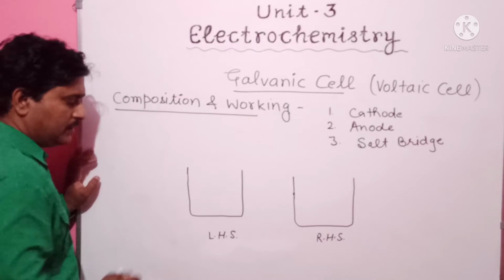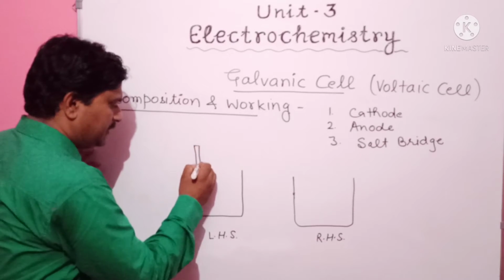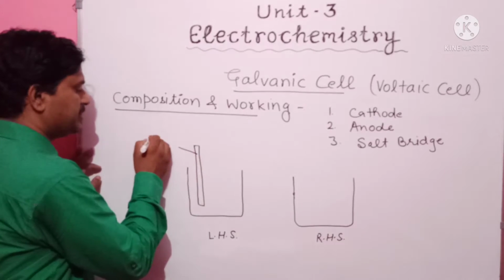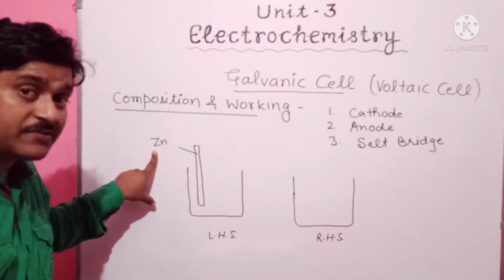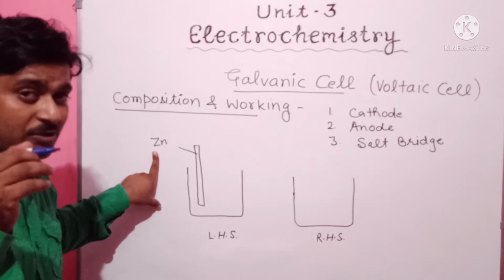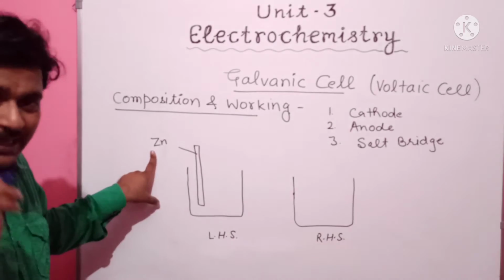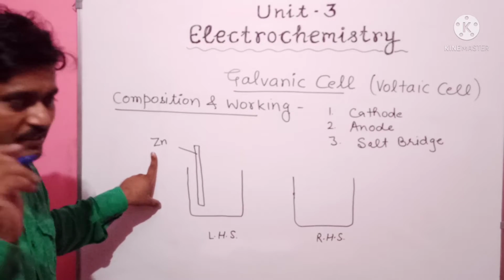For example, here I took a metal rod. That rod is made of zinc, Zn. What will happen with zinc? It loses electrons. If electrons are lost, that process is said to be oxidation.